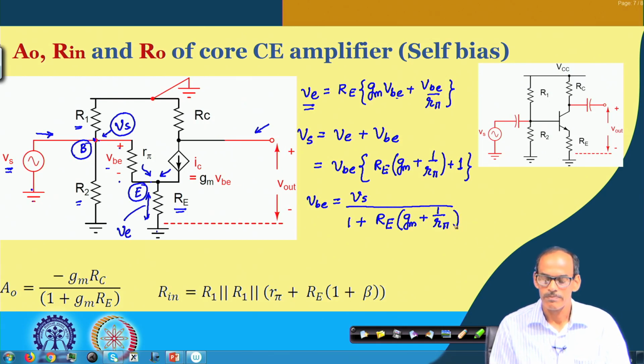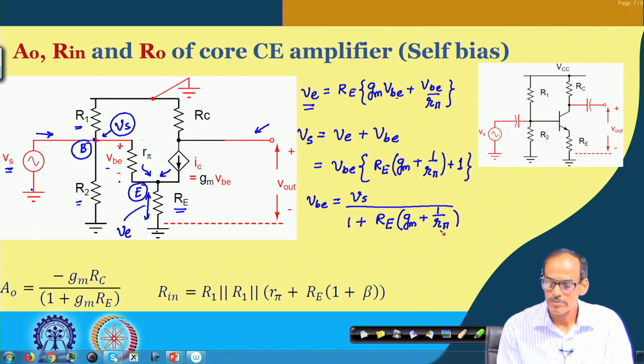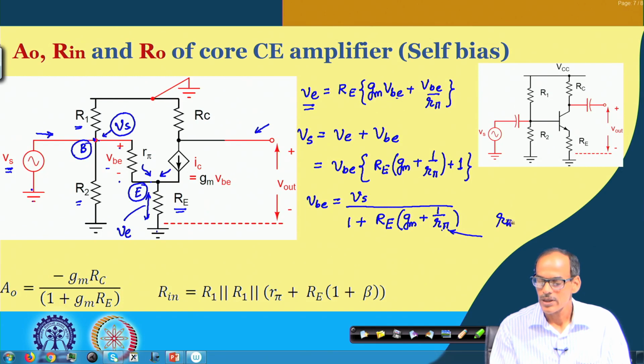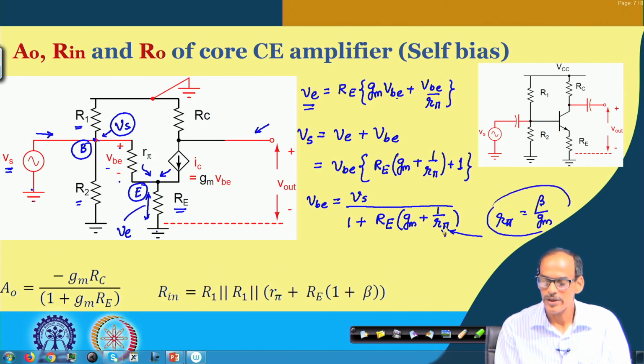And if you see here, this r pi equals beta divided by gm. So, if I put that expression of r pi here, I will be getting gm here and then divided by beta.